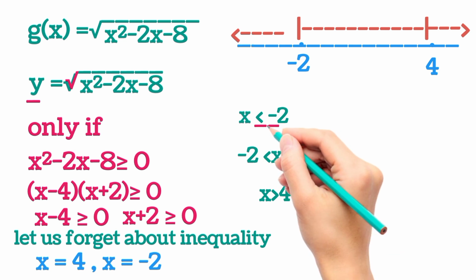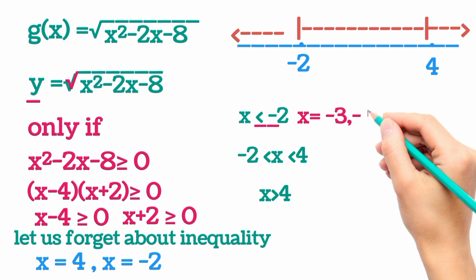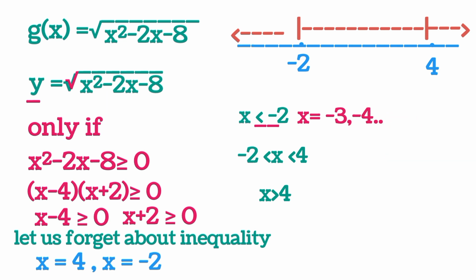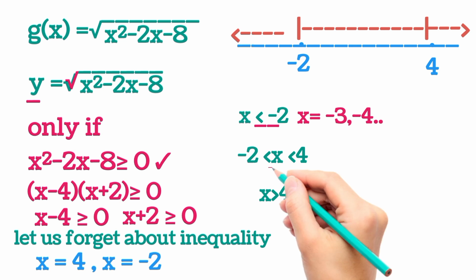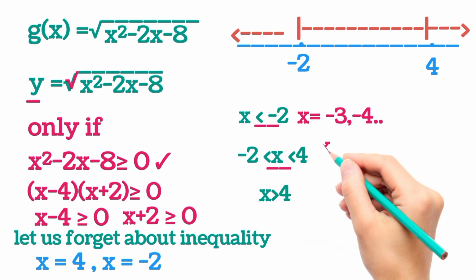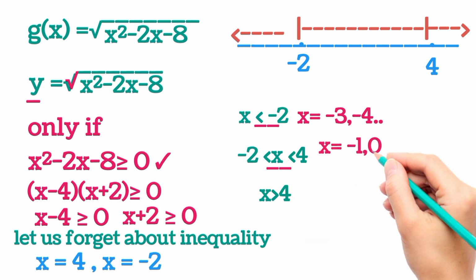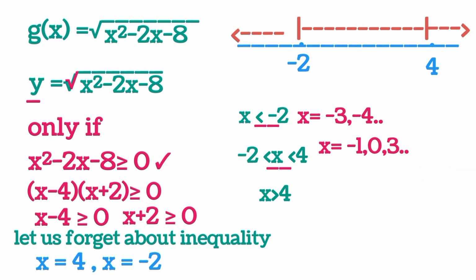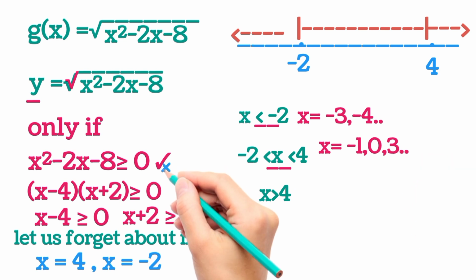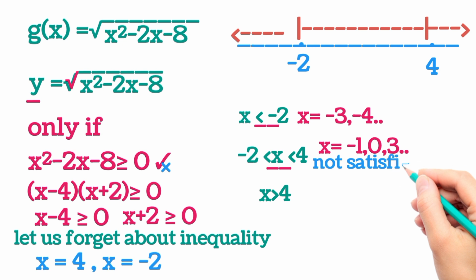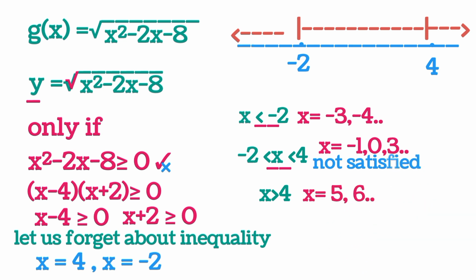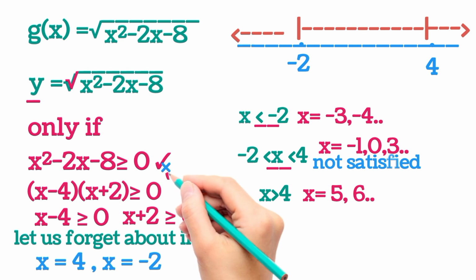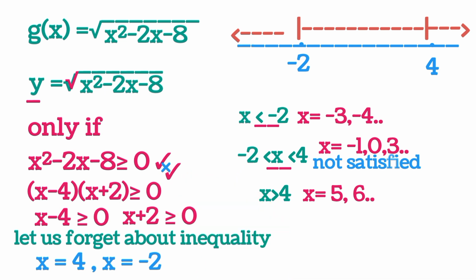So in this section, taking the values -3 or -4 or any other value, we will see that this condition is satisfied. In this interval, if we take x = -1, 0 or 3, we see that this condition is not satisfied. And in this interval, if we take 5, 6 or any other value, we see that this condition is totally satisfied.